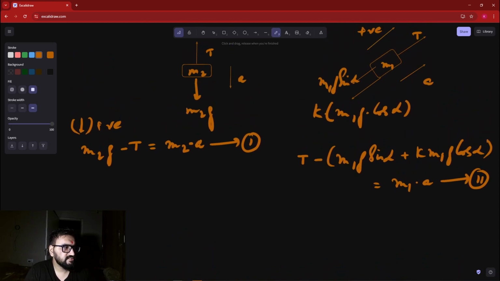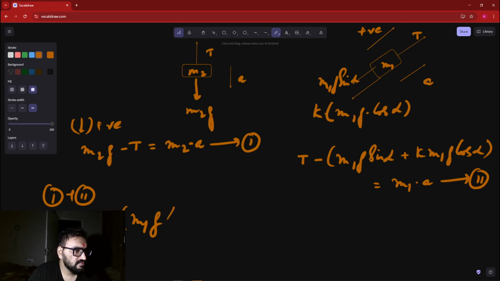From these two equations I can straight away cancel my T. If I just add 1 and 2, this will give me m2g minus m1g sine alpha plus k times m1g cos alpha.